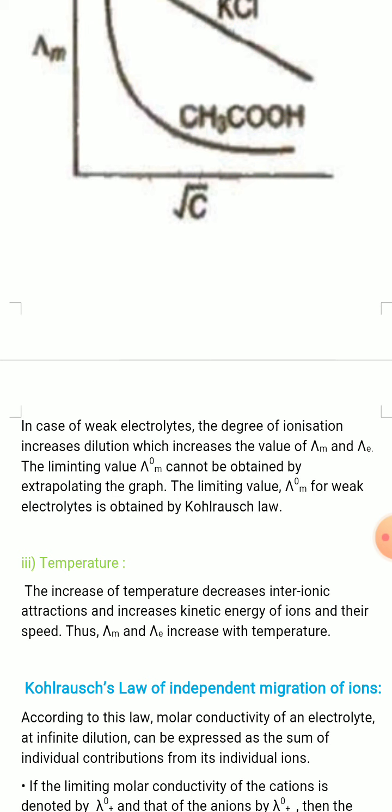The limiting value of molar conductivity, that is lambda 0 m, cannot be obtained by extrapolating the graph. This is for weak electrolyte, and the limiting value lambda m0 for a weak electrolyte is obtained by Kohlrausch's law.